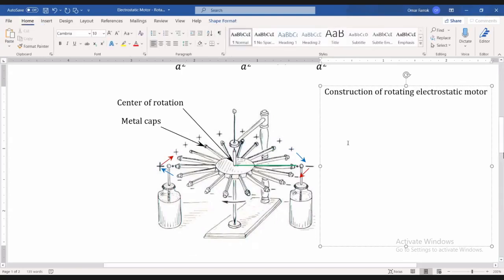It is constructed with positively and negatively charged ions, which are located here. We need separate electrodes. One is positively charged and another is negatively charged.